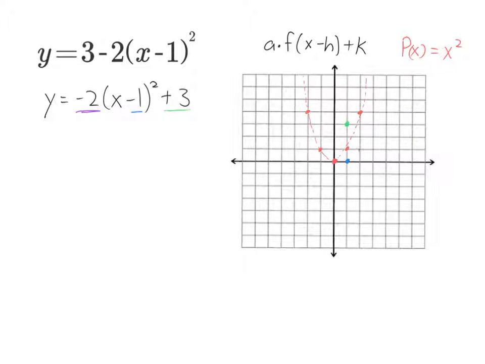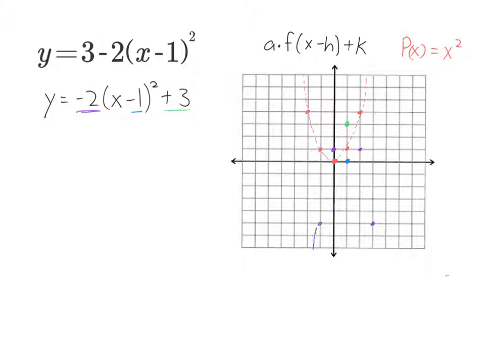So that's going to take us to here. And then instead of going over 2, up 4, I'm actually going to go over 2 and then 4 multiplied by negative 2, which is going to be down 8, which is going to be about right here. So I'm going to put that right there, and that right there.